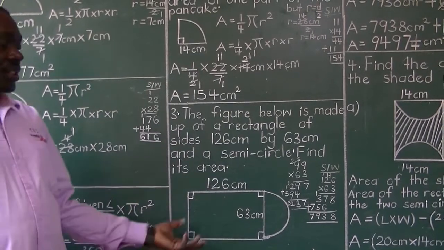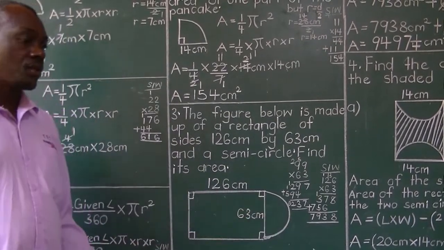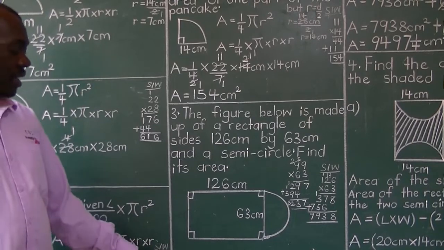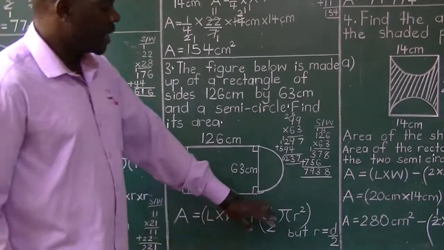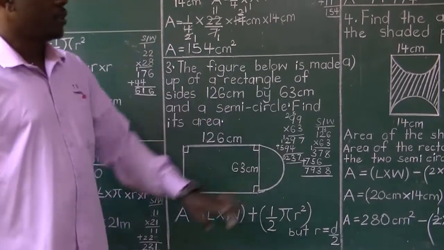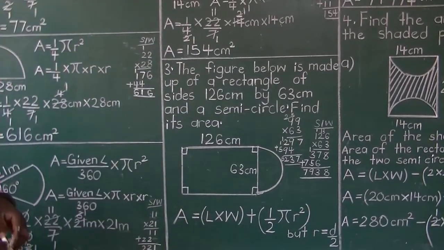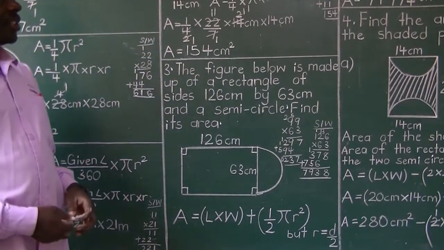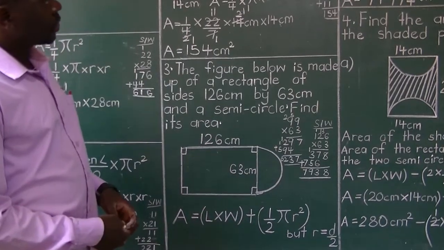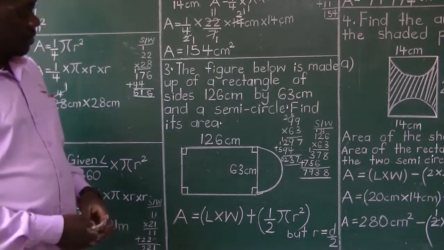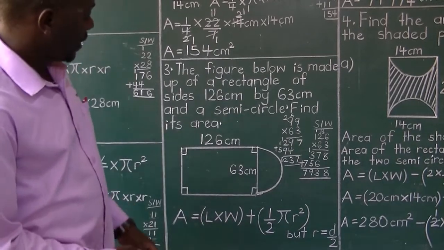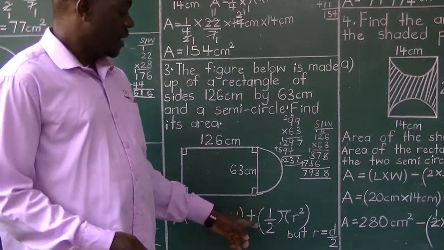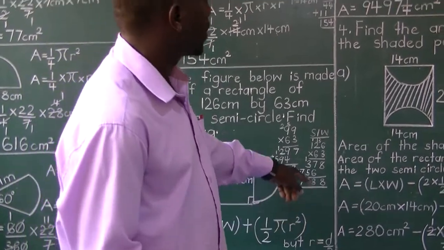Being that we've got a rectangle and a semicircle combined, we say area equals length times width for a rectangle plus a half pi r squared for a semicircle. So that's area followed by addition. Then we continue with the expansion: length times width plus a half times pi times r times r.